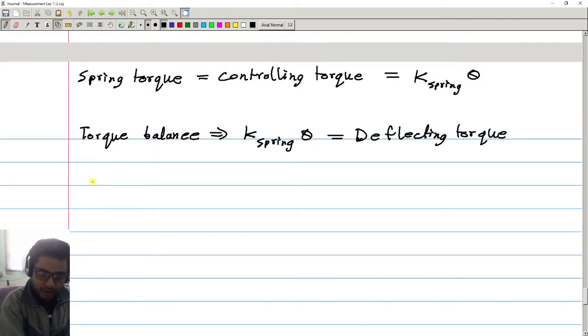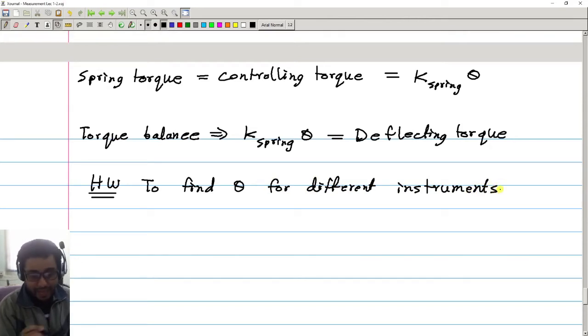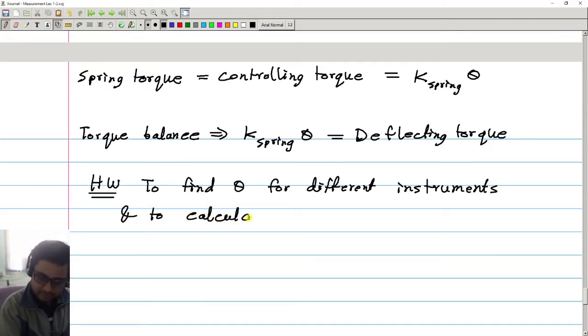And this is your homework: to find theta for different instrument types, and to calculate sensitivity. What is sensitivity? This is a measure of how sensitive the instrument is.